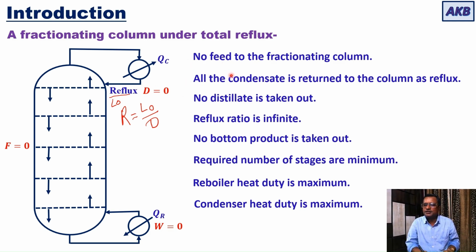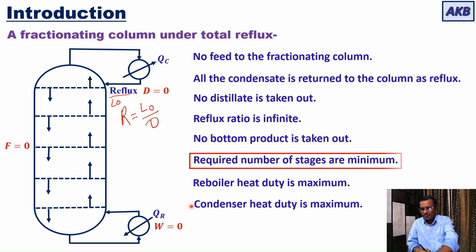So, no feed to the fractionating column. All the condensate is returned to the column as reflux. No distillate is taken out. Reflux ratio is infinite. No bottom product is taken out. Required number of stages is minimum. Reboiler heat duty is maximum. Condenser heat duty is maximum. And in the McCabe-Thiele method, we have learned how to find the minimum number of stages that are required in this case.